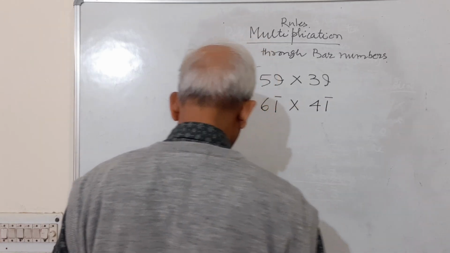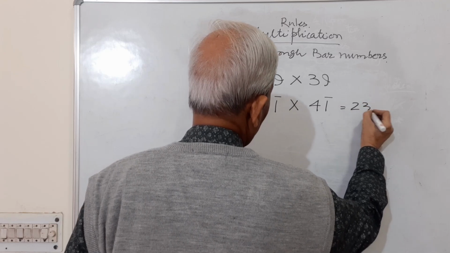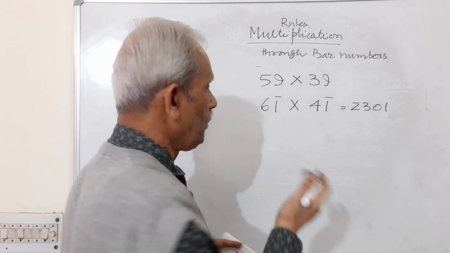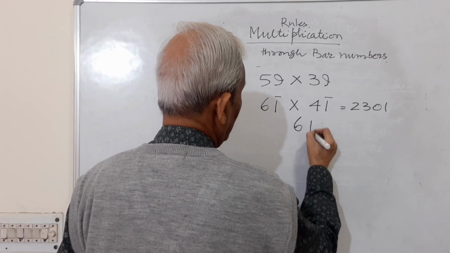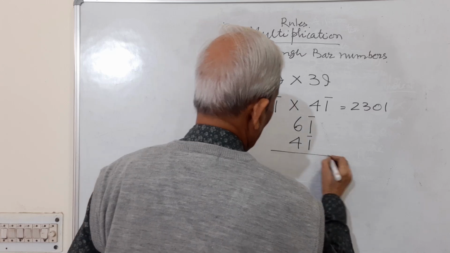Now 61 bar into 41 bar, if you multiply, this will become 2301. We can just see it, and you will see the rule of multiplication applied there. 6 1 bar, 4 1 bar, multiply it.